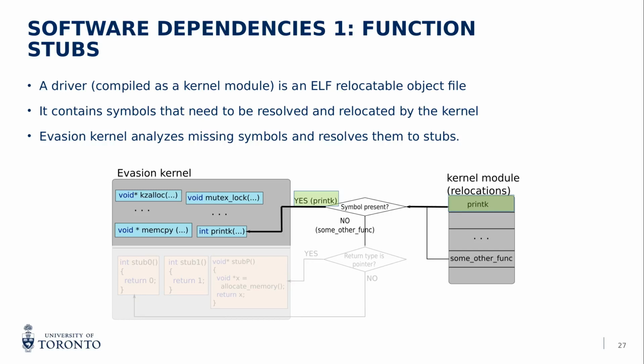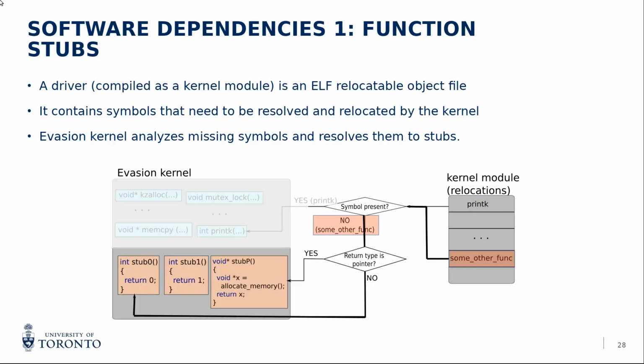At the early stages of driver loading, the kernel does relocation. It maps function names that the driver uses to function implementations inside the kernel. In the case of a known symbol, such as printk, the evasion kernel just does the relocation as usual. In the case of missing symbols that are not implemented by the vanilla kernel and hence by the evasion kernel, our system maps them to a set of function stubs.